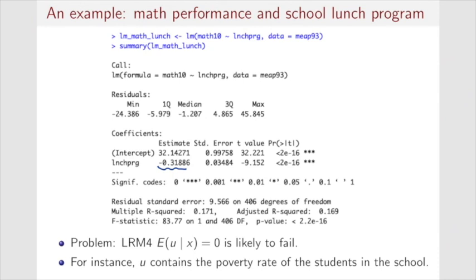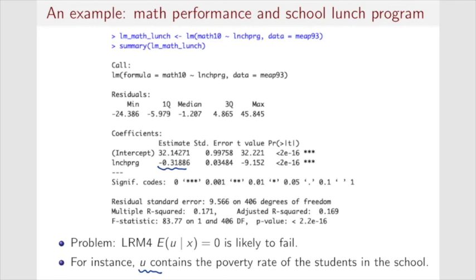The results are not trustable because assumption 4 is likely to fail. For example, consider these unobserved factors. U, the error term, contains the poverty rate of the students in the school.